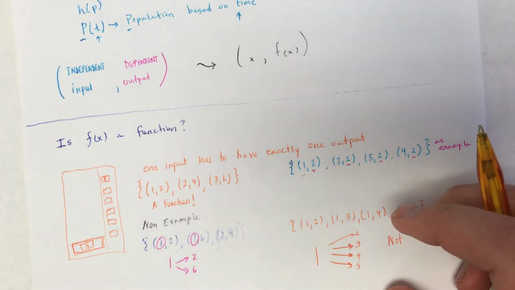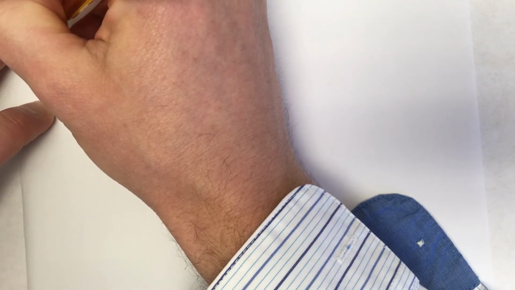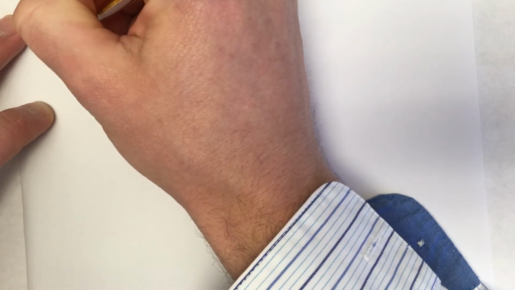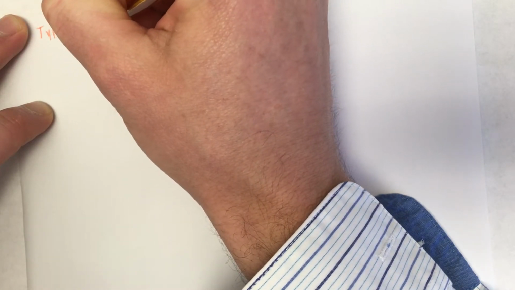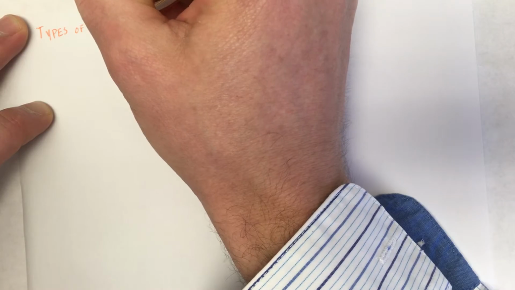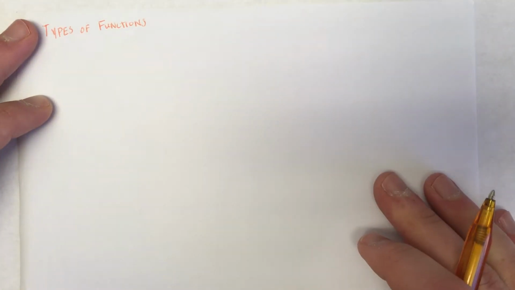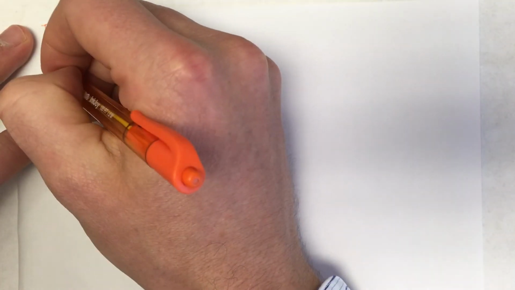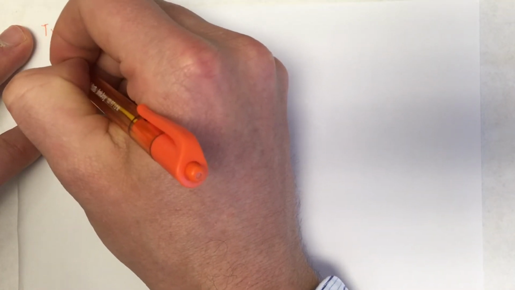Okay. All right, so what functions do we know about so far already from our experiences in math? So, types of functions. You've seen the kind right there where they give you a set of coordinate points. But you also have linears.